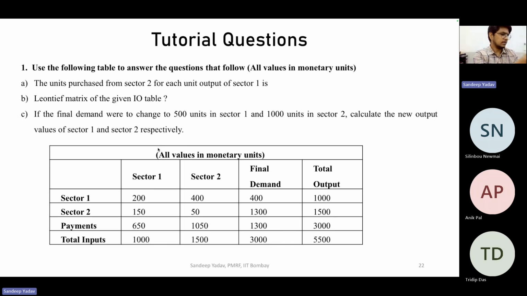It says use the following table to answer the question. We have this table in which there are sector 1, sector 2, payments and total outputs. All the values are given in monetary units. The final outputs and the total outputs are already given, so the table is already given to us.